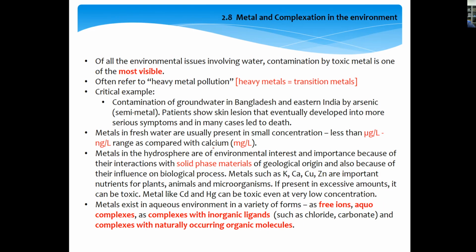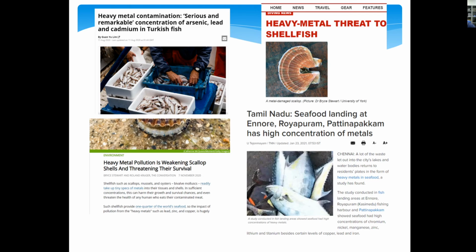So where is those heavy metal coming from? Well, basically it's due to the human activities that release the heavy metal into the water. But we know that all this seafood or the aquatic organism is actually living in the water. They can't run away from the water. So the water will pass through their body and slowly accumulate in their body. So if you eat this seafood, the heavy metal will transfer to your body.